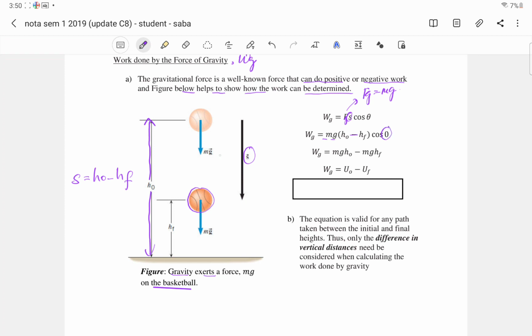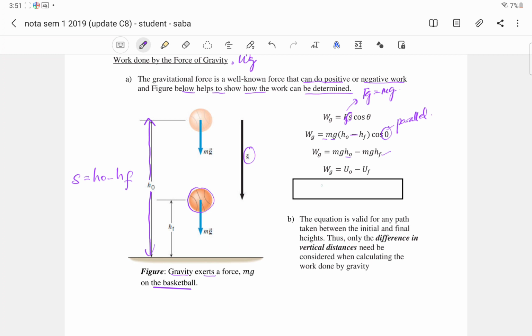Why cos theta? Because the direction of Fg and S is parallel, so we have 0 degrees. So we have Wg is equal to mg h naught minus mg h final.